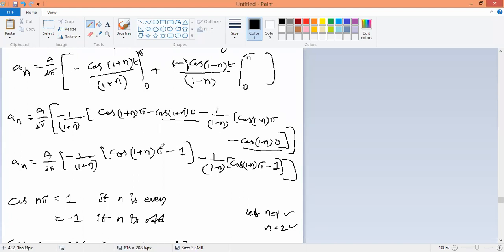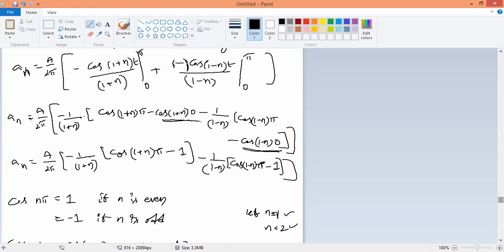What is the cos 0 value? 1. So cos of 1 plus n pi minus 1, minus 1 by 1 minus n, cos of 1 minus n pi minus 1. Already we know the cos n pi value.